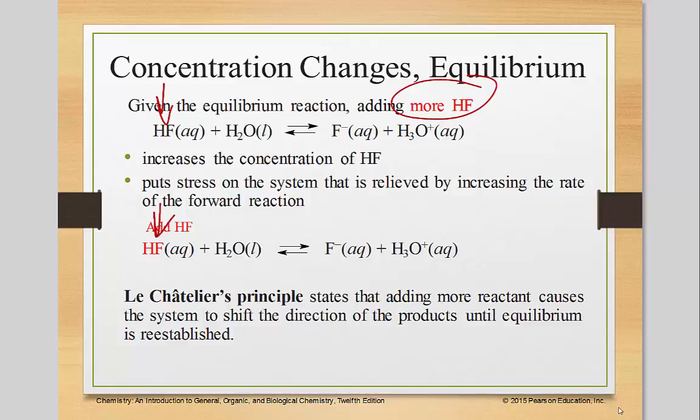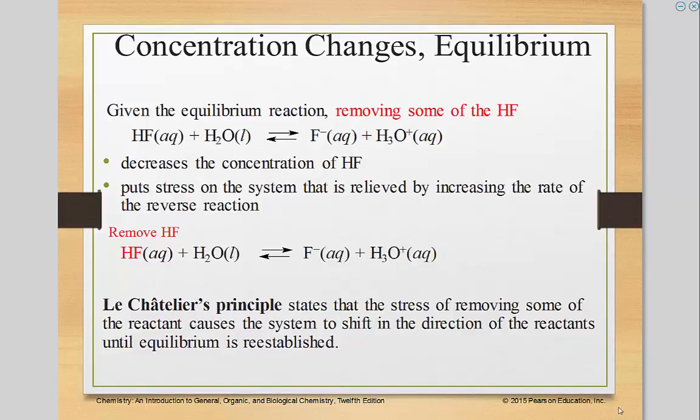So we say it drives the equation to the right, or the forward reaction. By adding stuff here, it's going to push it to the right side. If we do the exact reverse, if we remove some of that HF, it's going to drive it to the left, or produce more reactants to even it out.